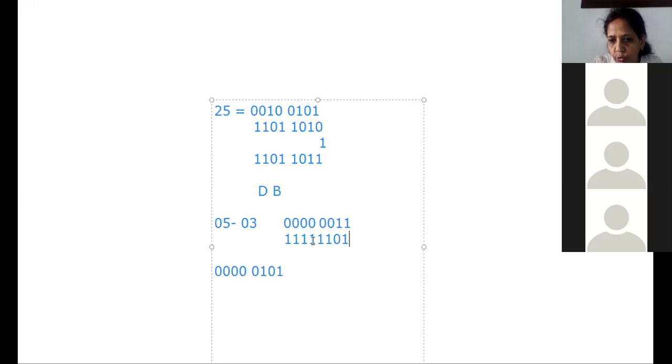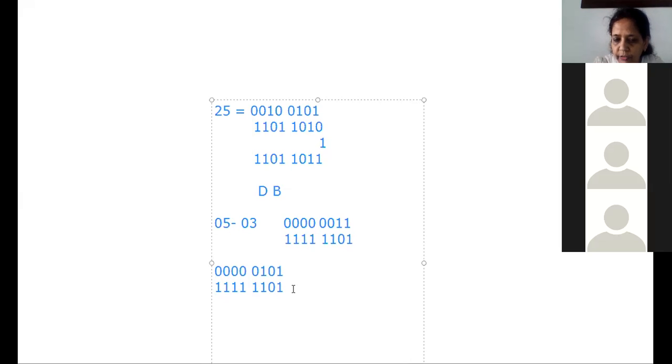So it will be the 2's complement of 3. This you have understood? Yes, ma'am. Okay. So the 2's complement of the number to be subtracted is always added. So 5 minus 3. So 3's 2's complement will be added to 5.